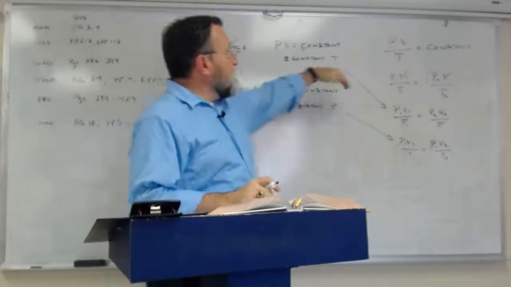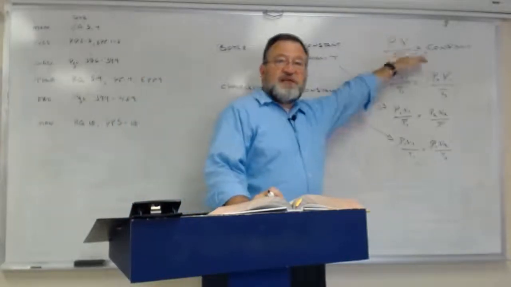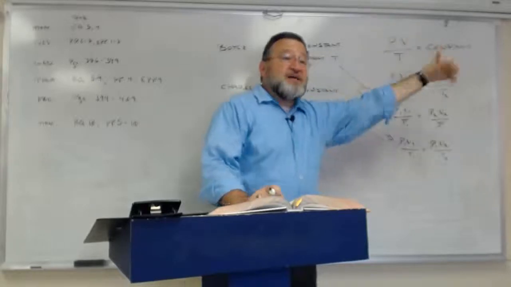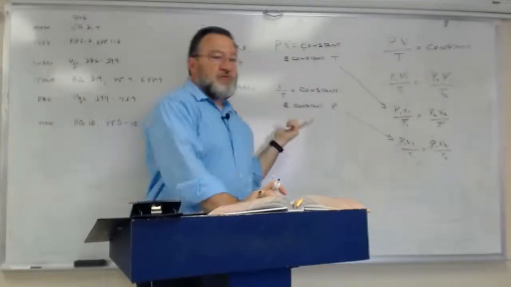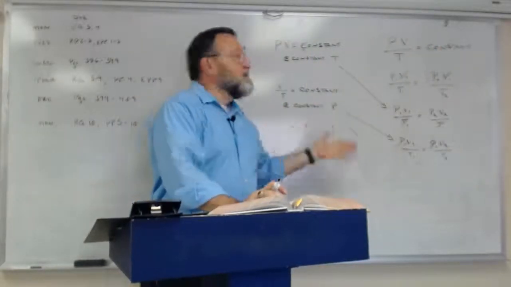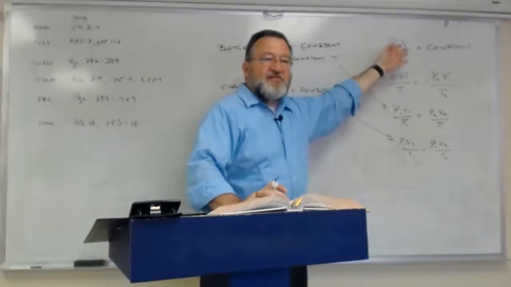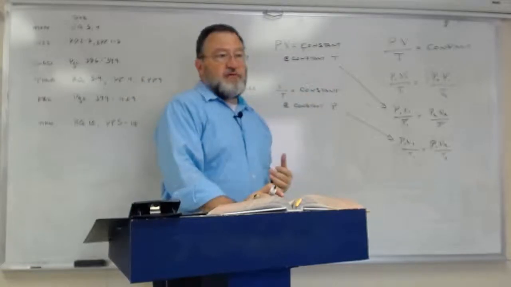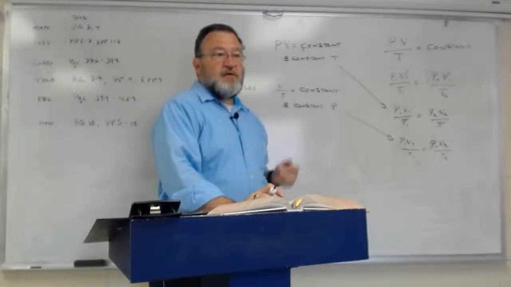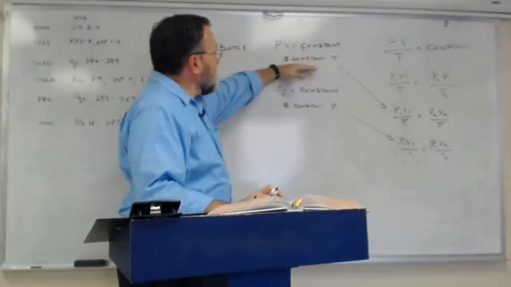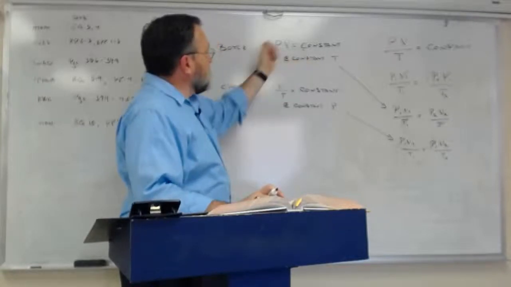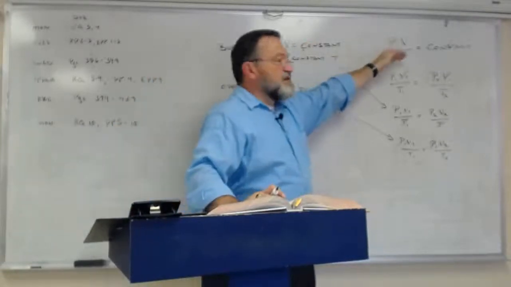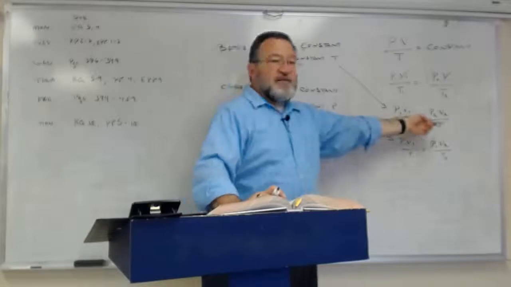So if we understand the combined gas law, PV over T is constant, we can derive Boyle's law and Charles' law. Why? Because the combined gas law comes from combining Charles' law and Boyle's law together. So when they make the caveat at constant temperature, you could derive it by taking PV over T and eliminating T as being constant.